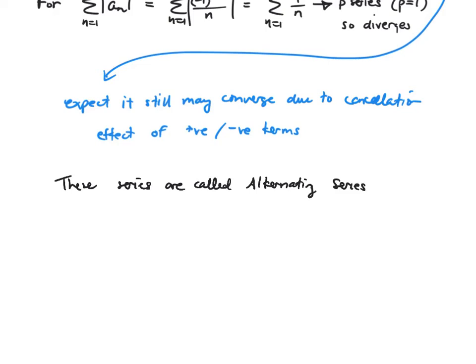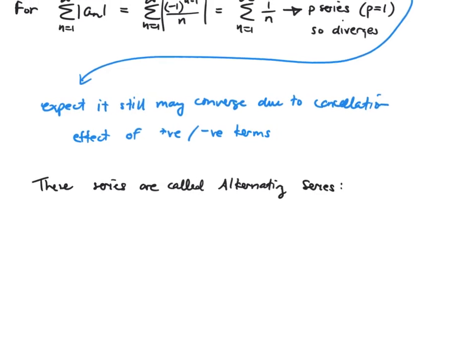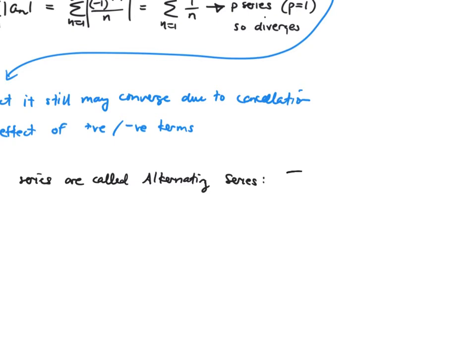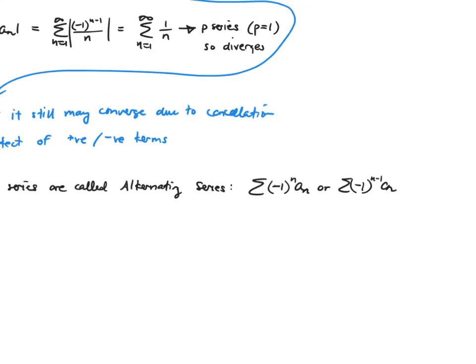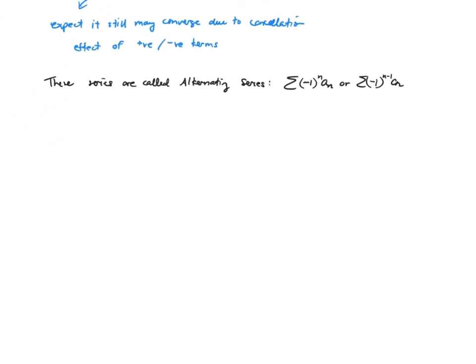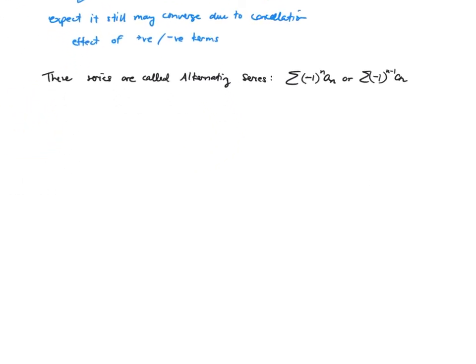We would write it in the form of (-1)^n a_n, or (-1)^(n-1) a_n. Something like that. Okay, they're called alternating series, and the test to evaluate the convergence or divergence of an alternating series is called the alternating series test.